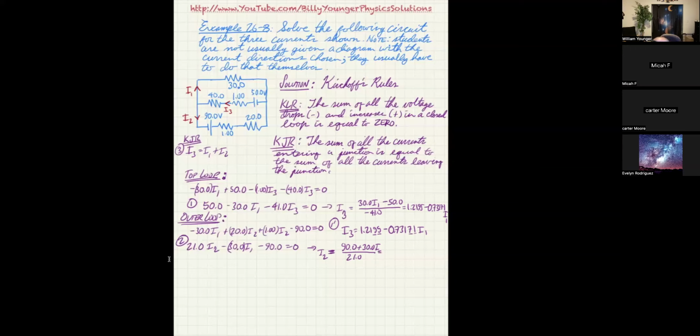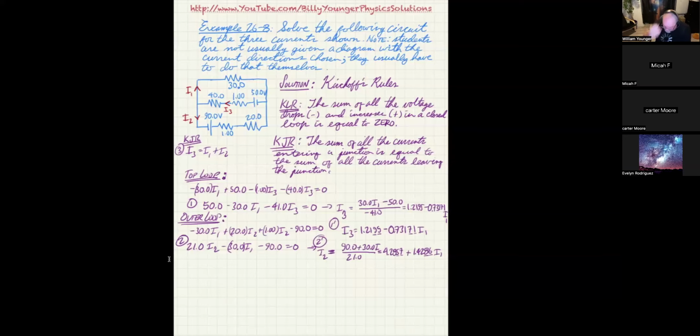I'll take 90 and divide it by 21. This is the way I like to do it. This is going to be 4.2857 plus, now I'm going to do 30 divided by 21. I divided by 41 earlier, so this is 1.4286. And that's I1 as well. So this is going to be equation 2 prime.